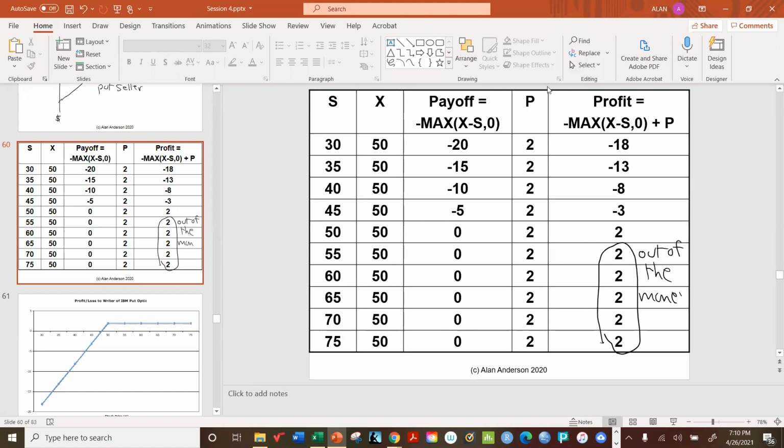Up here in the out of the money territory, I'm keeping my premium, also at the money. And then down here, the option is in the money, which means I'm losing.